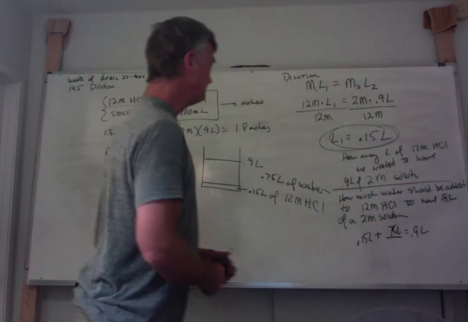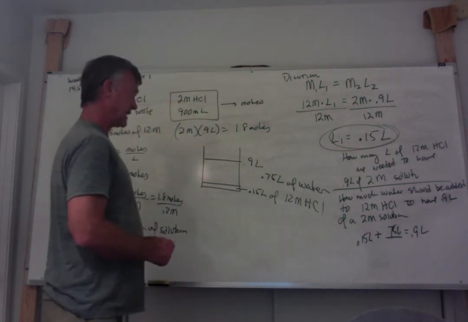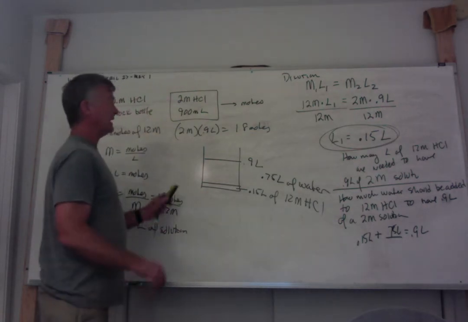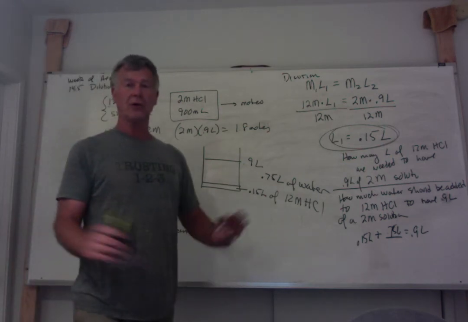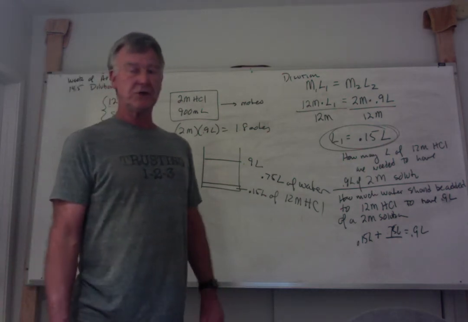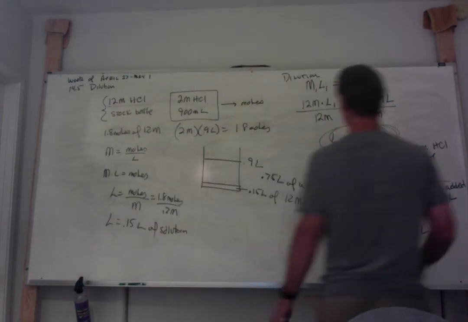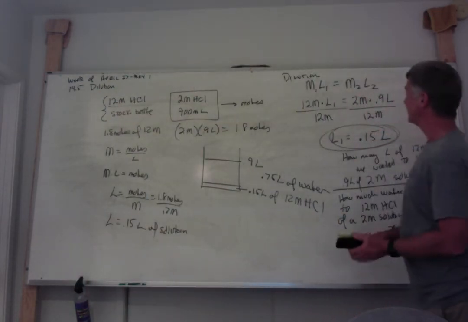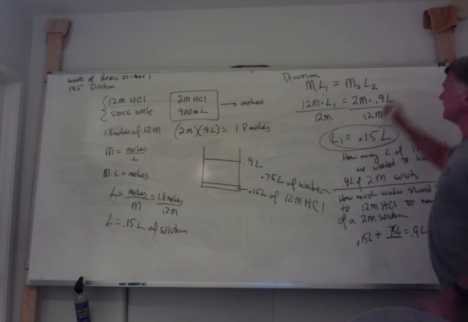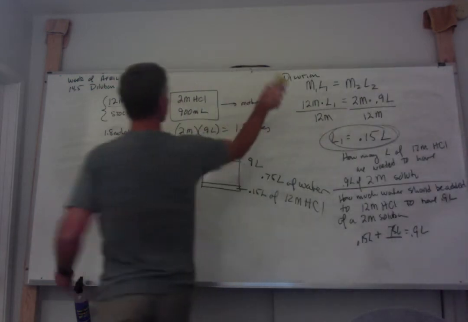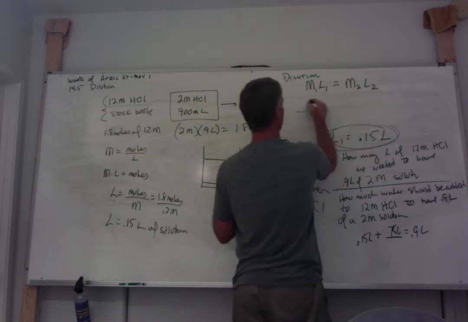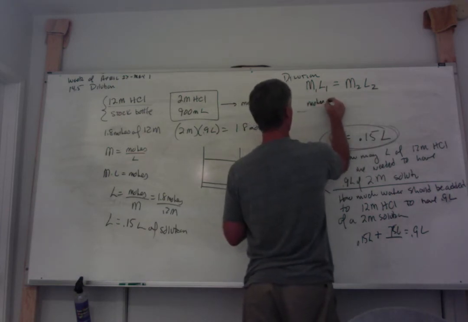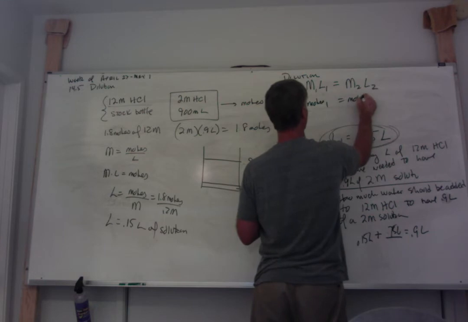So, the dilution equation is actually fairly simple. Now, there's something that I should point out, and that is, if the whole problem is in milliliters, you actually don't need to change this. In other words, the reason I use the equation this way is that hopefully you can see that this is the moles of number 1 equal to the moles of number 2.